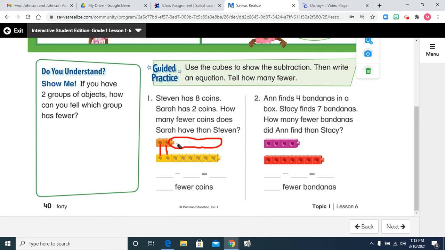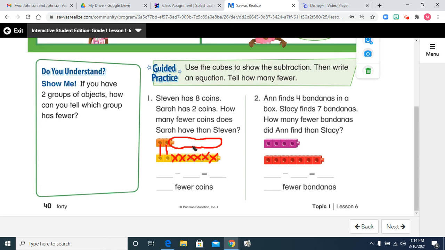So these are the missing ones that Sarah needs. Okay, so if we count up Stephen's extra ones, he has 1, 2, 3, 4, 5, 6. So Stephen actually has 6 more coins than Sarah. So that means Sarah has 6 fewer coins than Stephen.